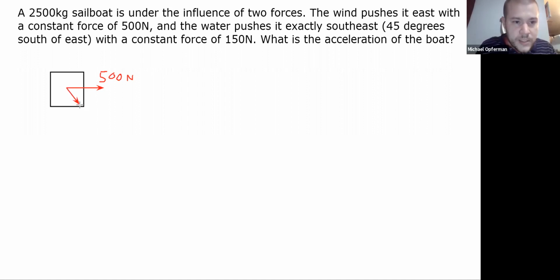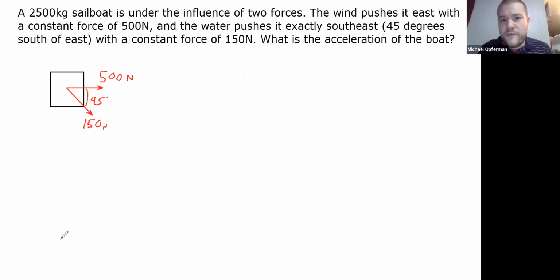So this is going to be going southeast. This vector should actually be much shorter than the 500, but I'm not going to worry about that. So this is a 45-degree angle, and this vector is going to be 150 Newtons.